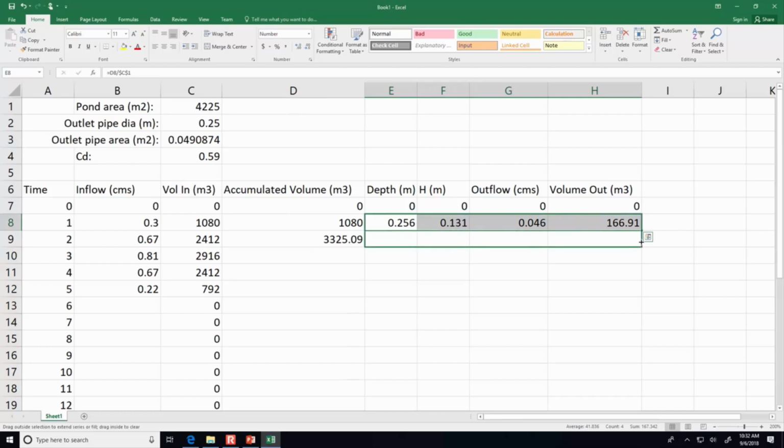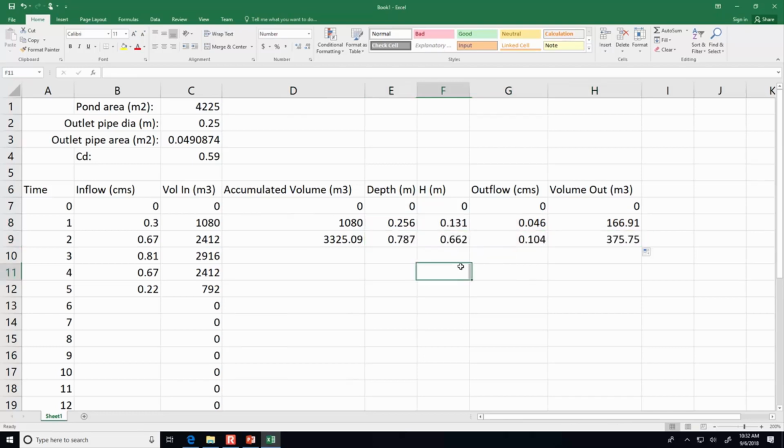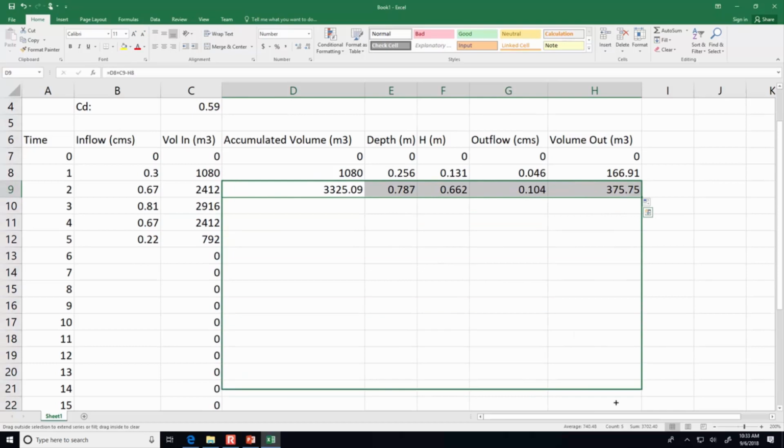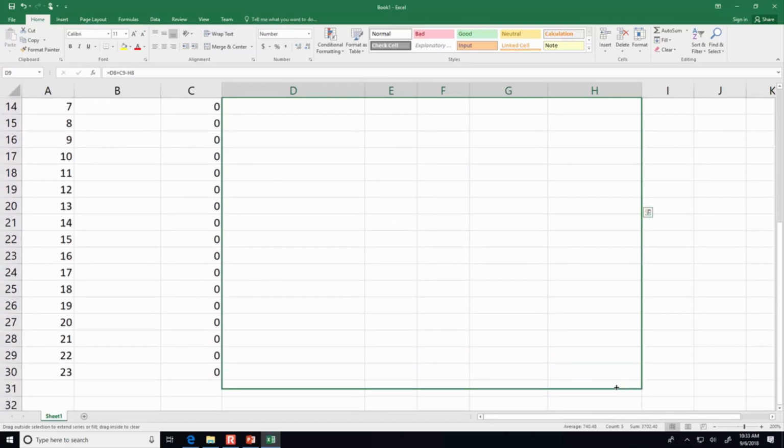Everything else is just going to be the same approach as the previous time. Depth is based on the volume. H is based on the depth minus half the pipe diameter. Outflow is a function of the orifice equation. Volume out, everything we can just drag down through the entire 23-hour time period.